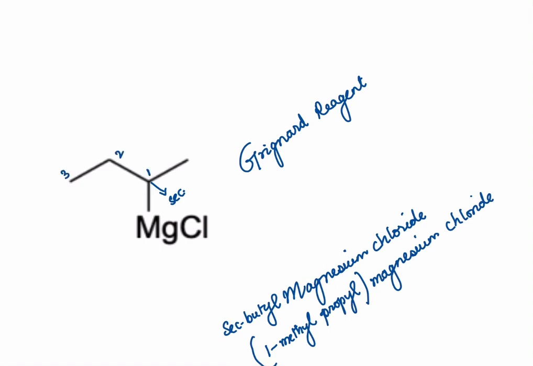Remember, you need to make sure that you give this carbon as number 1, because you are going to consider this as a functional group, and therefore this should be the one which gets the lowest possible number, right? And then you do have a methyl group here, and this methyl group is attached to the first carbon. So therefore, you are going to put that as 1-methylpropyl magnesium chloride. That would be the complete name for this molecule. You can choose to write it like this or like this. Both of them should be right.